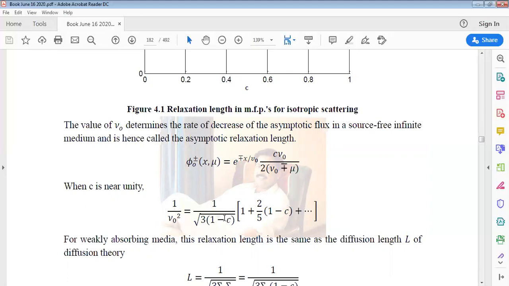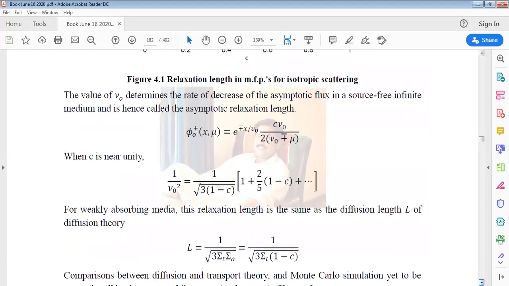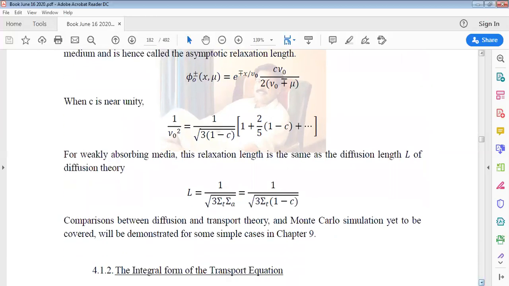Now remember, c is sigma s over sigma t for this case, a non-multiplying case. So if you write this as sigma s over sigma t, it becomes sigma t minus sigma s, so that's sigma a, so that becomes sigma a over sigma t. So that's what the 1 minus c is.